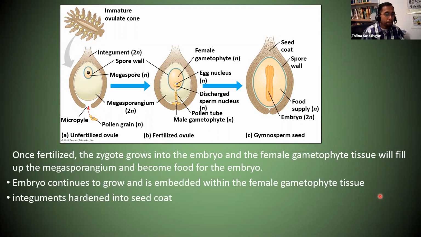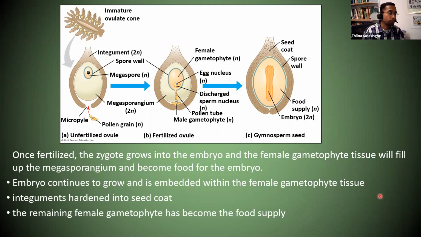And after fertilization, as the zygote becomes an embryo and the female gametophyte becomes larger, the fertilized ovule becomes a seed. Now, while that happens, let's see what happened to the integument. The integument hardens, becomes thicker, and becomes a seed coat. Its job is to protect the developing embryo.